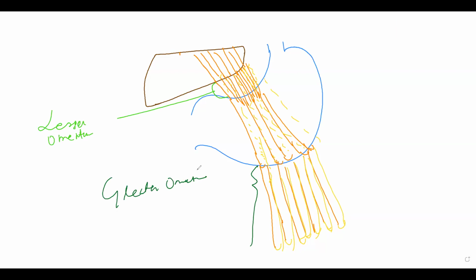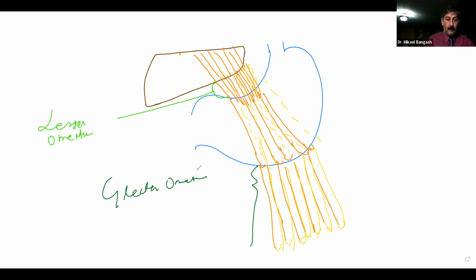Now, whether you look at the greater omentum or the lesser omentum, we can say there's going to be an anterior layer and a posterior layer. But this anterior layer here, what is it going to be made of?